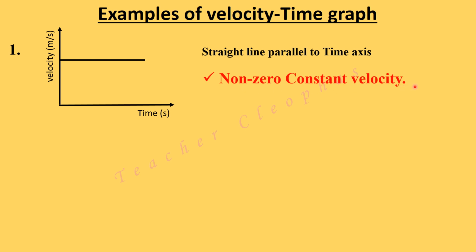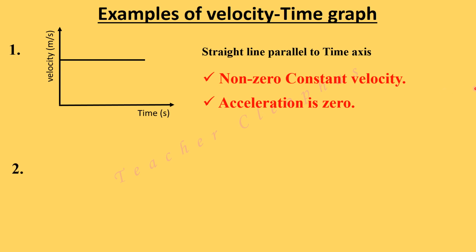Another thing that this graph tells us is that the acceleration is zero. Whenever we have a constant velocity, it simply means that there is no change in velocity and therefore the acceleration remains to be zero.